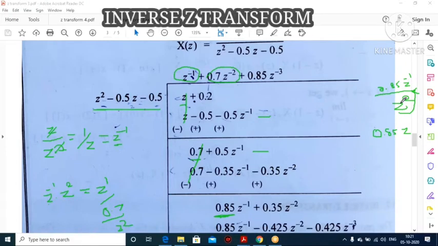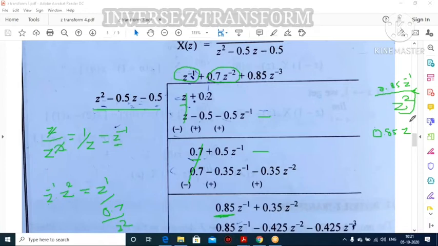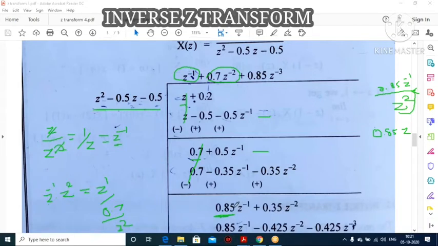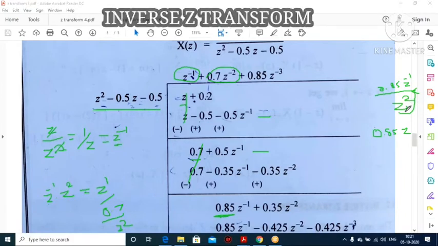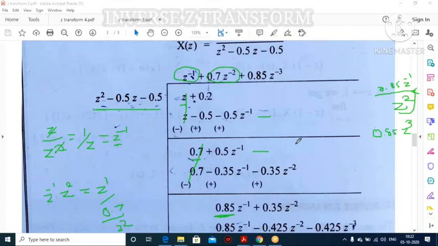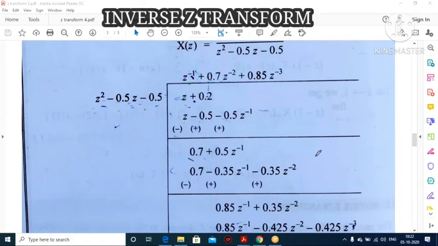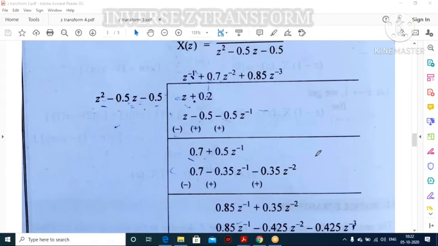Sorry, 0.85 z inverse divided by z square, when it comes here, z power minus 2 gives z cube. So 0.85 z cube.